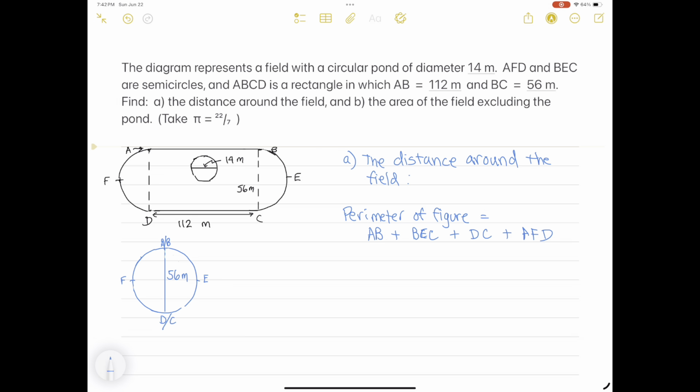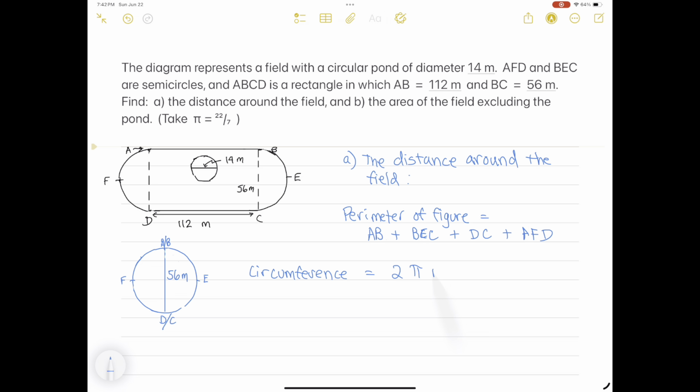And AD would also be 56 meters because that would be the other width of the rectangle ABCD. So this circle has a diameter of 56 meters.